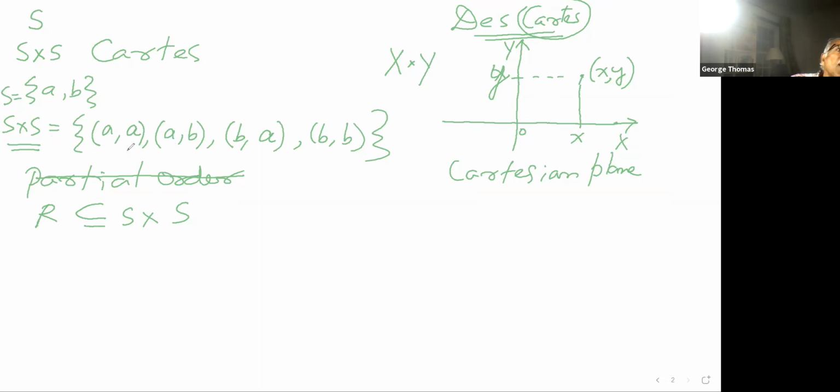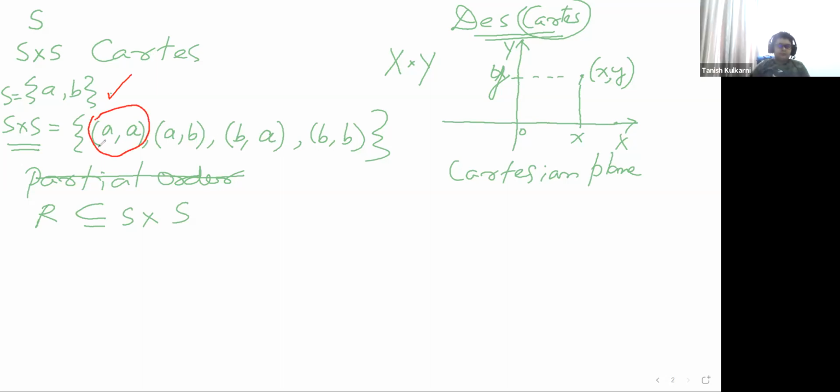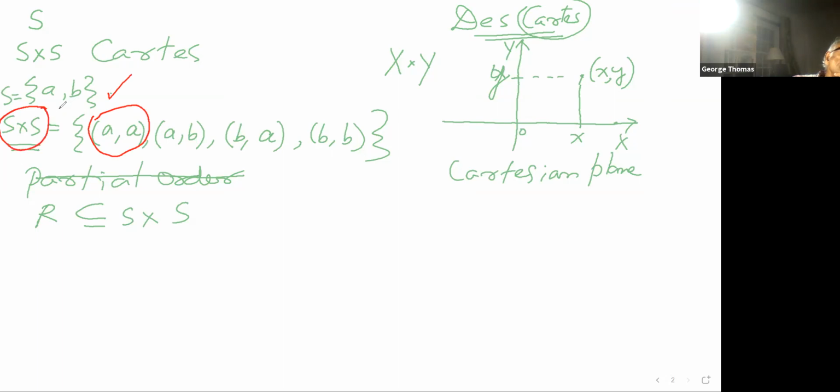How many elements does this Cartesian product have? This has how many? 2. This has how many? 4. The elements of this are what? Pairs.